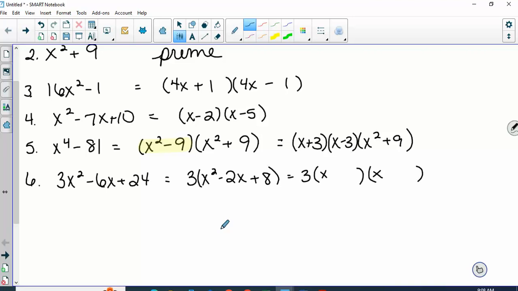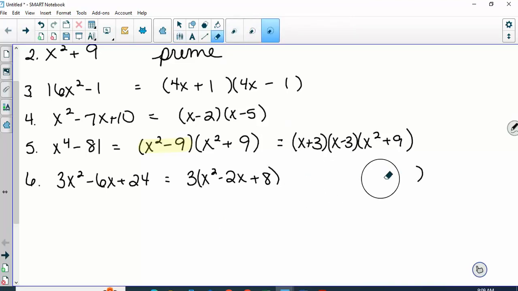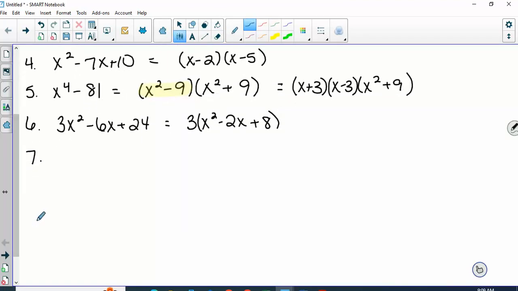Nothing. So is it prime? No, because we took out the 3, but we can't go any further. So this is our final answer. Sorry, I made you guys all erase from my head. Do we have a greatest common factor? Okay. How did we factor this then?